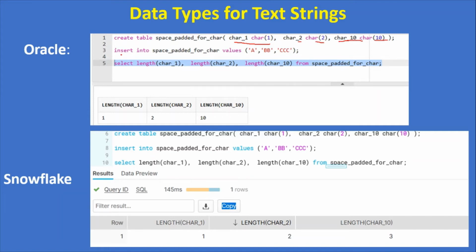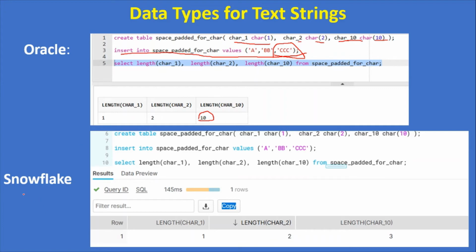I created the table, inserted three values for one row, and selected the length of the first, second, and third columns from the space_padded_char table. The length for the third column shows 10, but actually I have inserted only 3 characters. That means it is space padded here in Oracle.